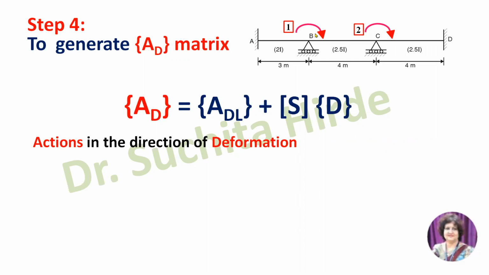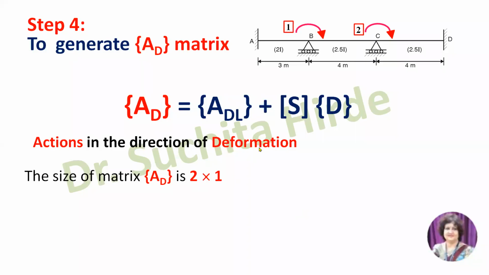These are nothing but the fixed end moments MFBA and MFBC. In the direction of 2, it is MFCB and MFCD. So let us calculate it. The size of the matrix, sorry, here it should be the AD matrix, is 2 by 1.